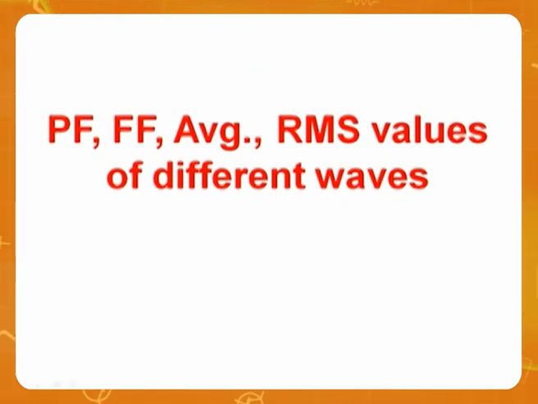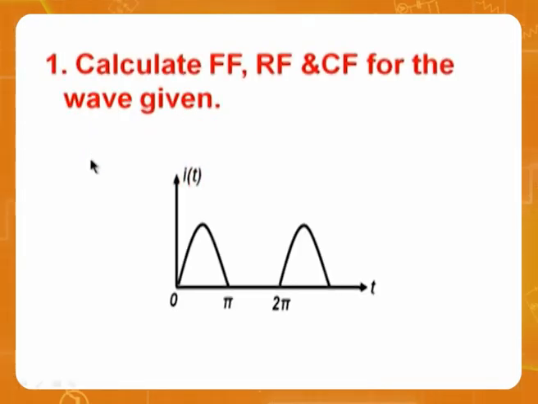So let us calculate the peak factor, form factor, average value and RMS value of different waveforms. If you know the definitions, you can easily calculate. Actually, average value and RMS value are the important ones. After calculating these two, you can easily manage the others. That's why let us see some problems.